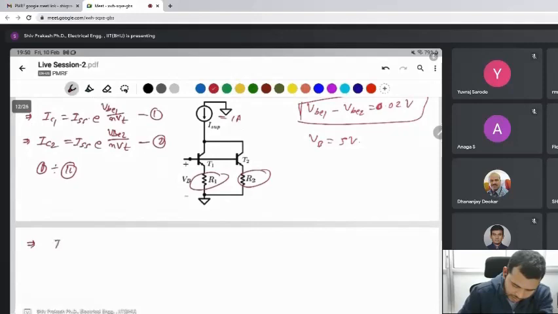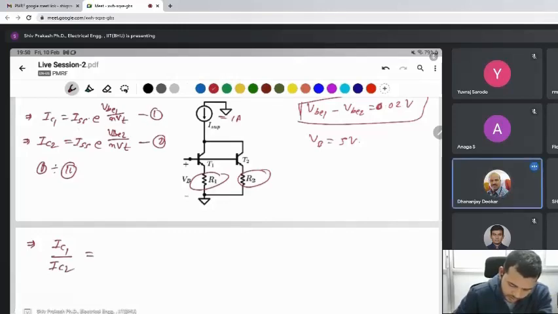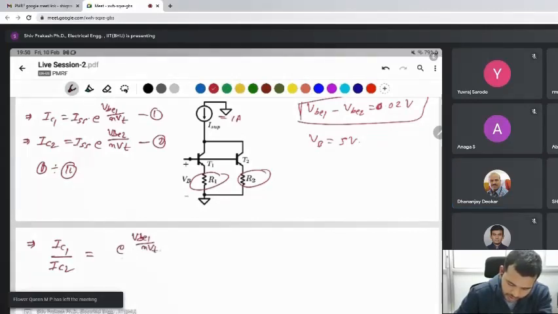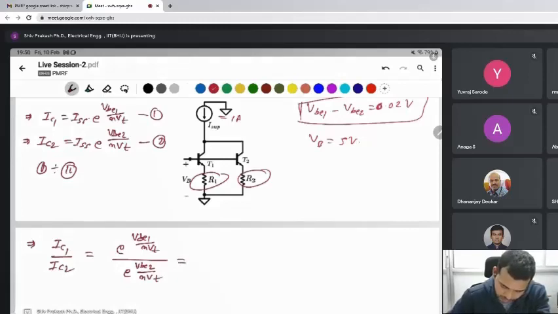Then you find IC1 over IC2. ISS cancels out, leaving e to the power VBE1 divided by nVT over e to the power VBE2 divided by nVT.